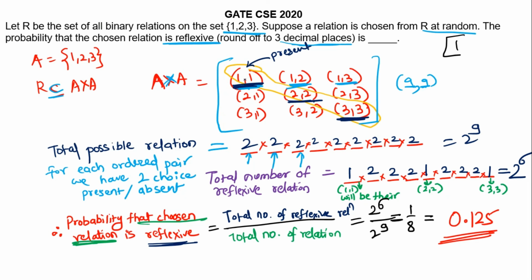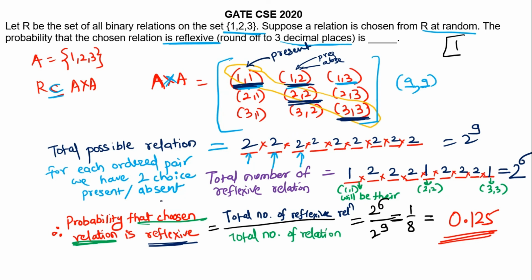So the possibility for selection of this element is only one. For the other elements, you can have the element or not, so the possible ways are present or absent. This element will be there, so one possibility. This element can be present or not, so we have two choices, and this should be there, so only one choice. So in total we have 2 to the power 6 choices for the relations which are reflexive.